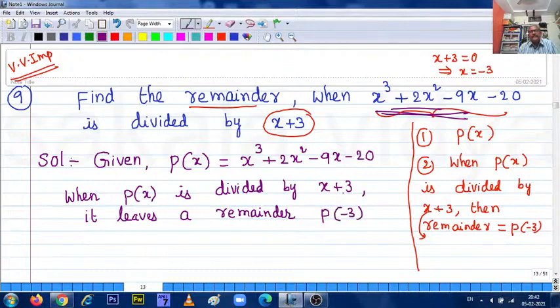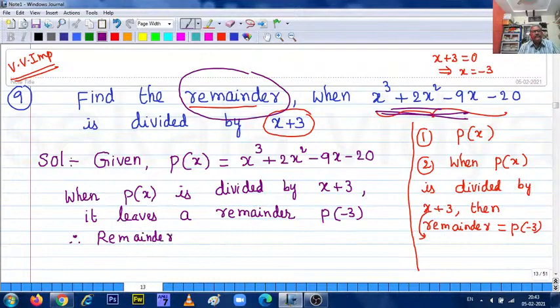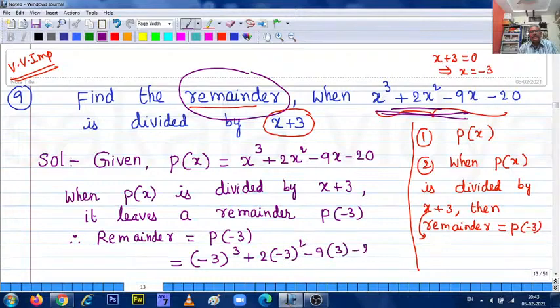X plus 3 means minus 3, x minus 3 means 3, like that. So find p of minus 3. So therefore the remainder is equal to p of minus 3. In the place of x substitute minus 3: minus 3 cube plus 2 into minus 3 square minus 9 into 3 minus 20. So we need to simplify this one.